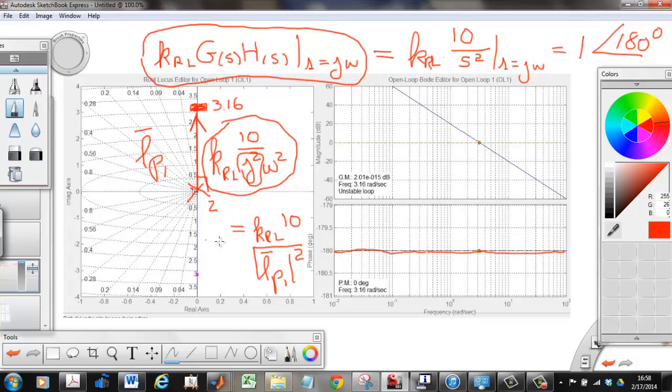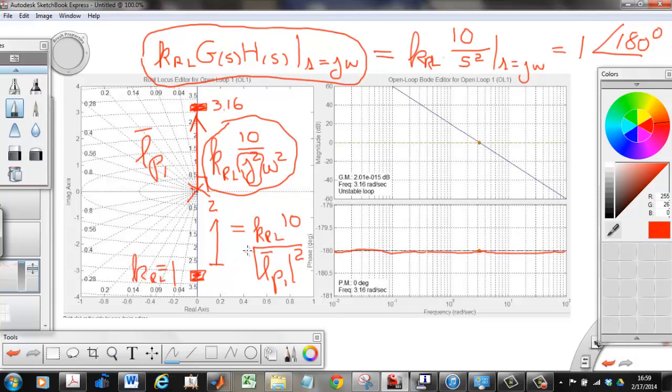Now the magnitude condition: we know that K_RL times 10 over the magnitude of LP squared has to be equal to 1. Well, if that's the case, and I know the root locus closes these roots for a gain equal to 1, this first box you get equals K_RL equal to 1.